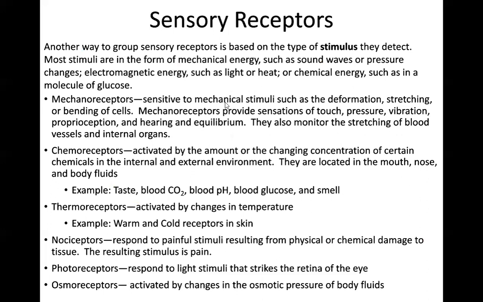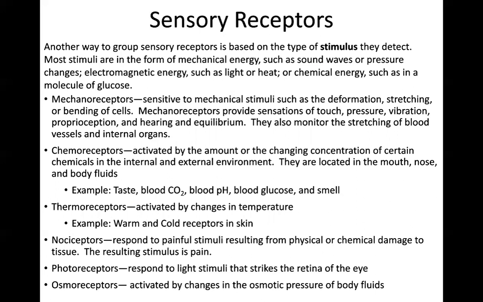Mechanoreceptors are called that because they are sensitive to mechanical stimulation. Mechanical stimuli include things like deformation. What do I mean when I say deformation? The beginning of that word spells out deform. If something's deformed, it's not in its normal shape, right? Think about if you push on your skin with your thumb. We've got cells that respond because they have changed their shape when you push in.